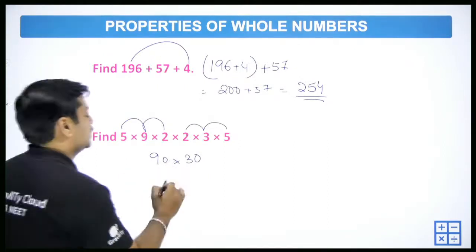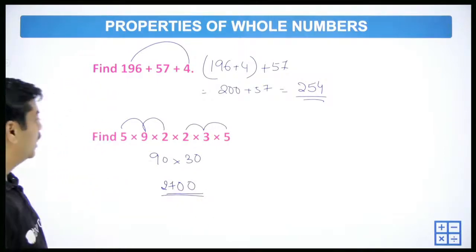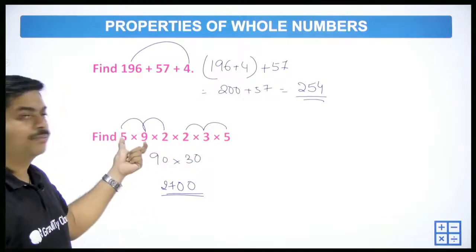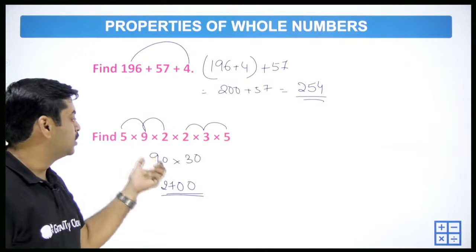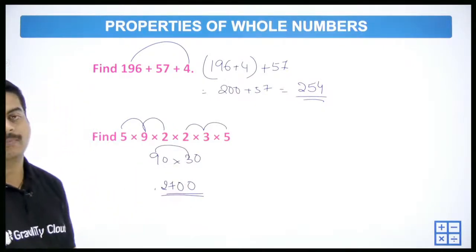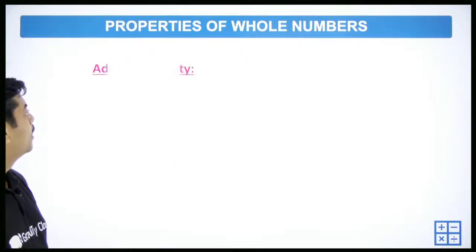So 9 into 3 is 27, so 2,700. Let me redo it: 5 into 9 is 45. 45 into 2 is 90. 3 into 2 is 6. 6 into 5 is 30. So 9 into 3 is 27, so 2,700. Right.